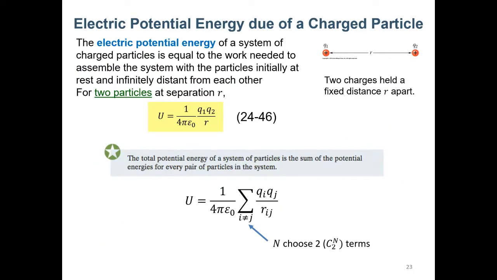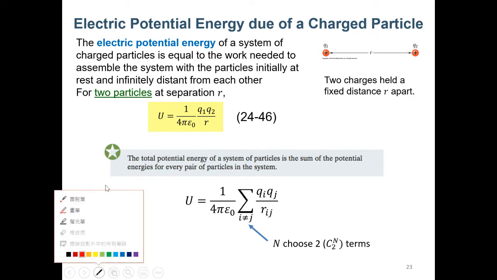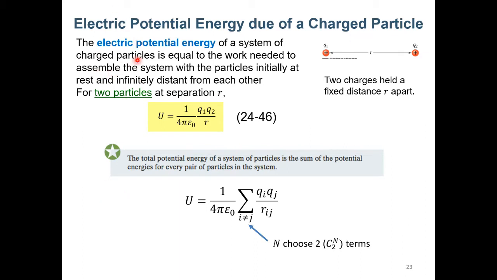So next we consider a term called the electric potential energy. Here, the potential energy of a system of charged particles is equal to the work needed to assemble the system with the particles initially at rest and infinitely distant from each other.